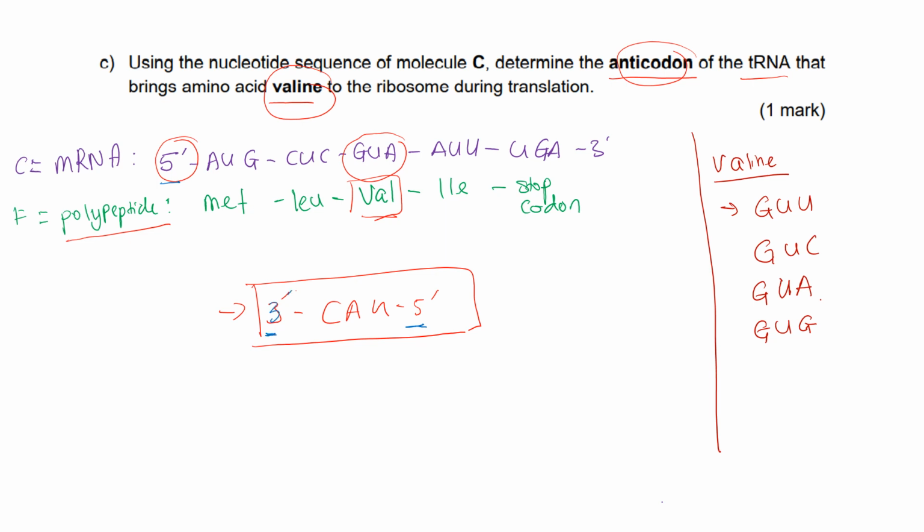After you have written the three bases of the anticodon, at the end you must write a 5 prime, because on the mRNA you have a 3 prime. So please make sure to get that 1 mark, and write the two ends of the anticodon. Anticodons are found on each tRNA molecule.